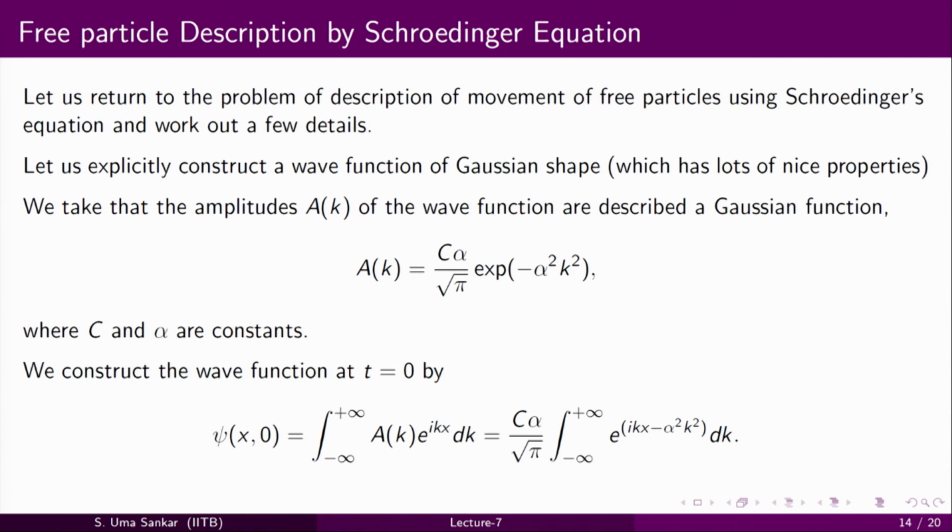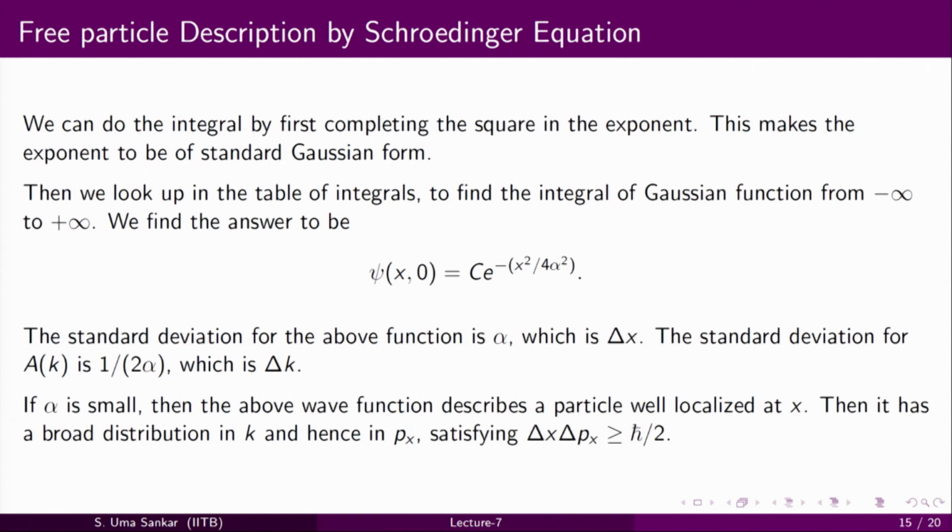I am putting t equal to 0, so the omega t term is not there, and I have the following integral, which you can do by completing the squares in the exponent, and you can look up the integral in any table of integrals. You can also do it by hand, which is not very difficult, and if you do so, you get an explicit form for psi of x, 0 equal to c times e power minus x square by 4 alpha square.